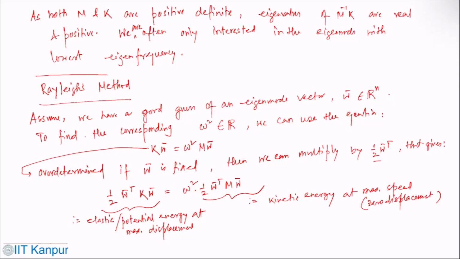So from here, what we can get is ω² = ½ W̄ᵀ K W̄ divided by ½ W̄ᵀ M W̄.